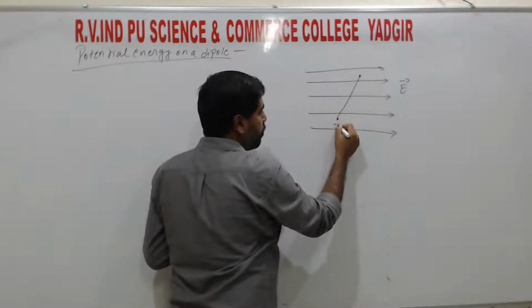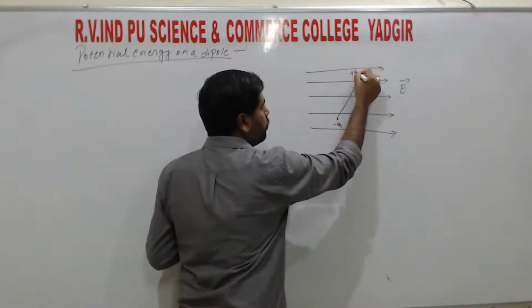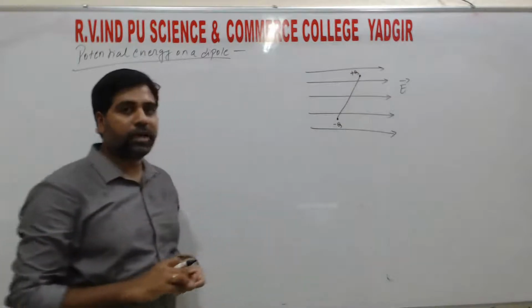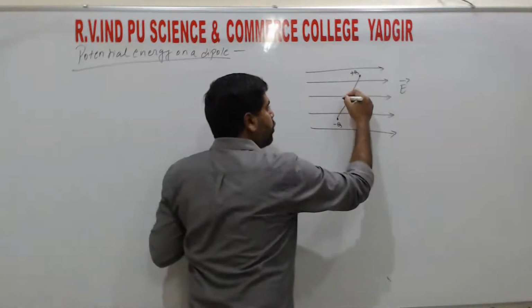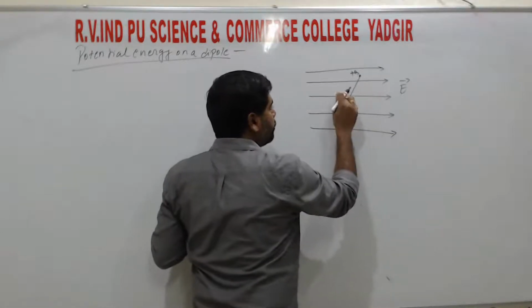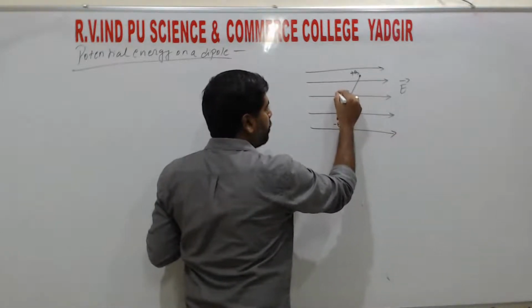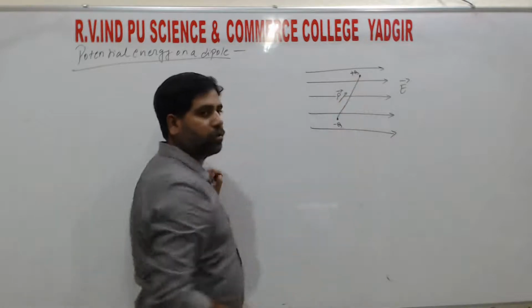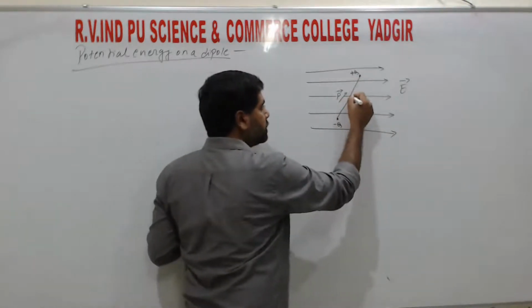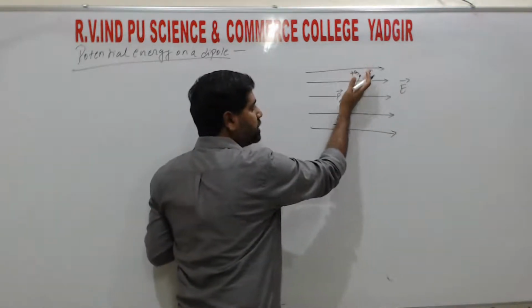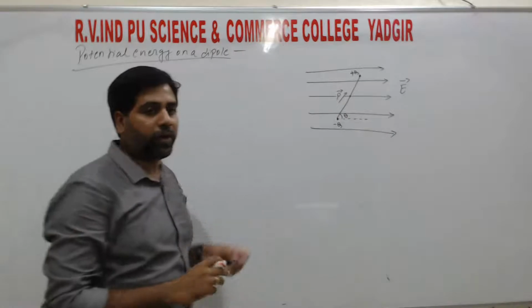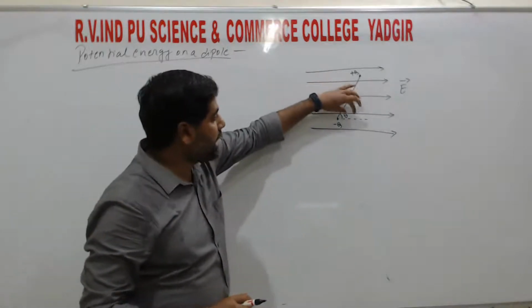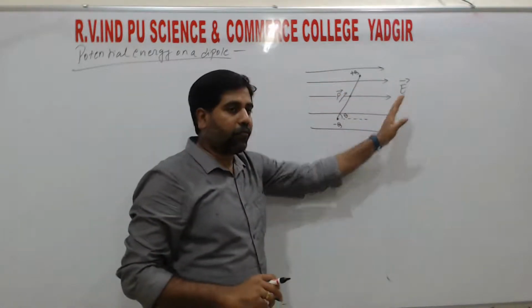So here we have minus Q, here we have plus Q. Similar to how we discussed a dipole in an electric field, the dipole moment is in the direction from minus Q to plus Q, right? This is the center of the dipole. This dipole makes an angle theta with the electric field, right?